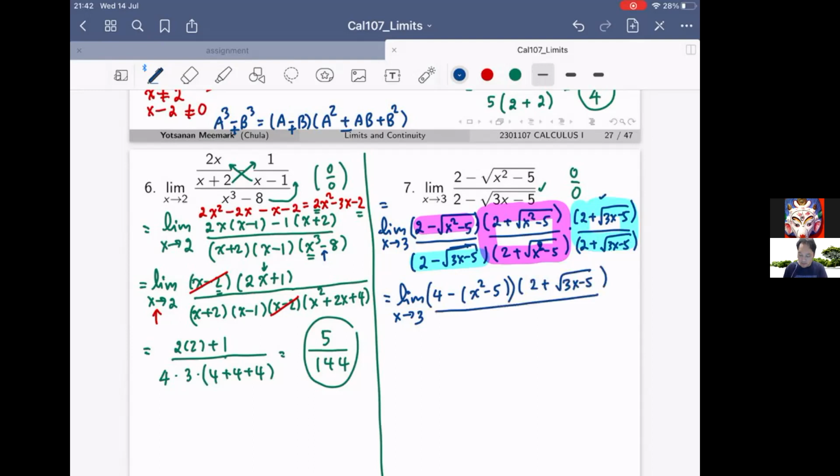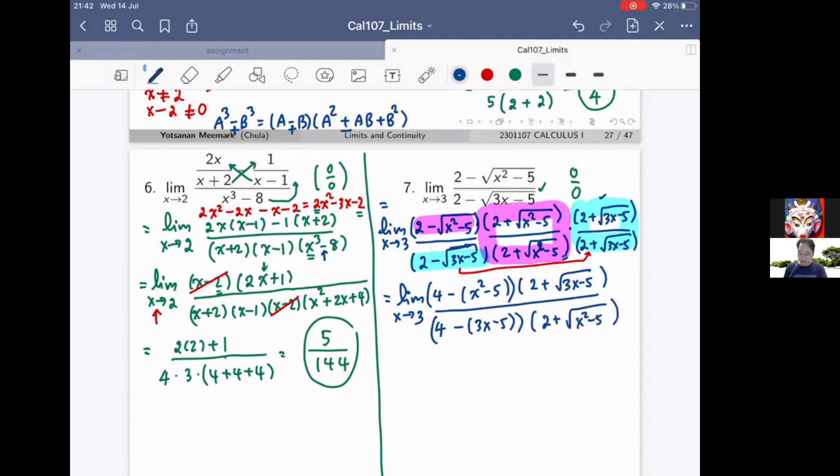And then you can multiply this one with that one right there. So it is a 4 again, and then 3x minus 5. But we still have this one left over, so just copy, don't forget.